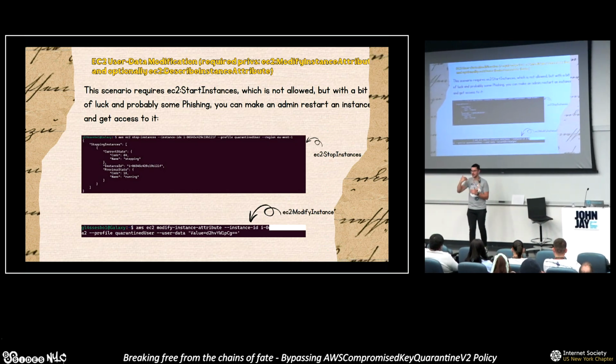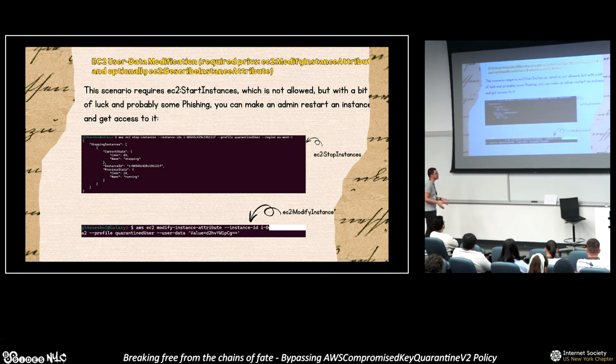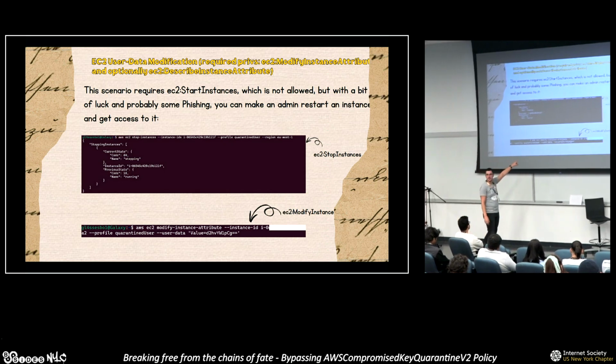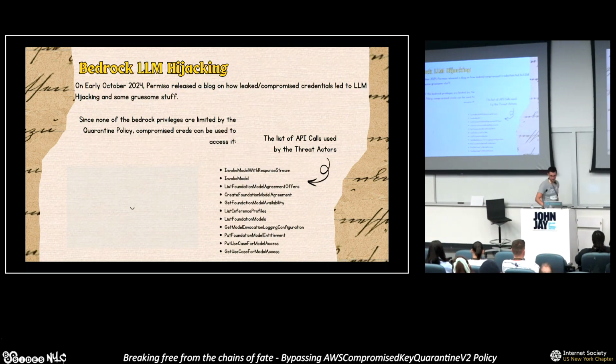But if you can phish the user, or scare them enough, you can shut down the instance and then modify the instance attribute. And if they get scared enough, you can quite literally have them start it, and then you will get code execution on the instance.